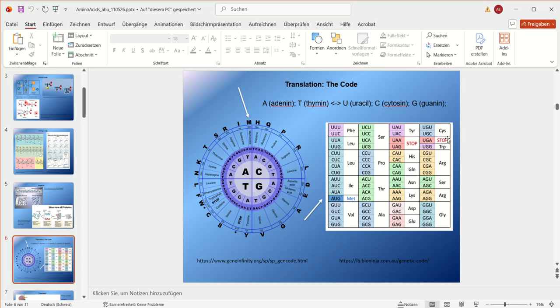And actually none has just 1, except the methionine, which is the start code. Yeah, that's the genetic code, more or less. You can plot it as a circle, or you can plot it as a table. It's the same thing.